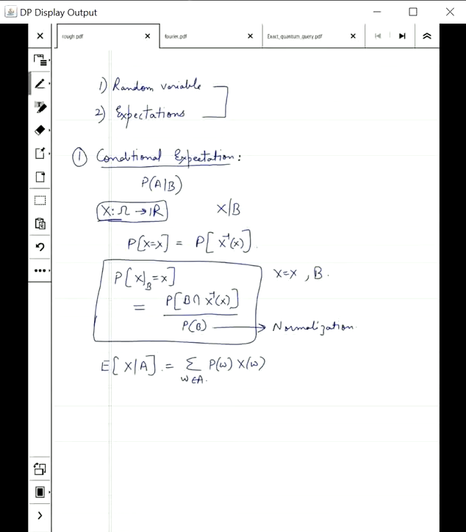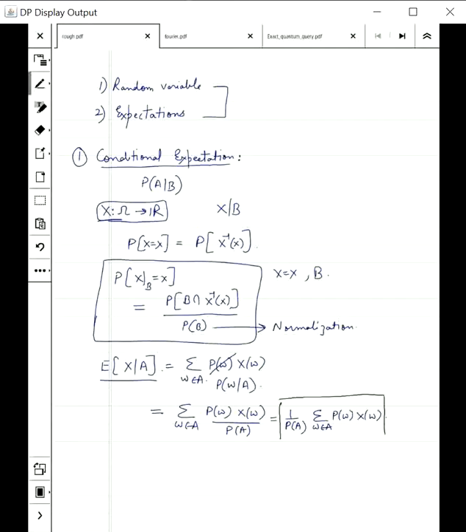If we know that A has happened, then P(w) should be changed to P(w given A). Once I substitute that, I get that this quantity is equal to the sum of P(w) X(w) divided by P(A). A better way to write it is 1 by P(A) times the summation over w in A of P(w) X(w). So this is the expected value of X given A.